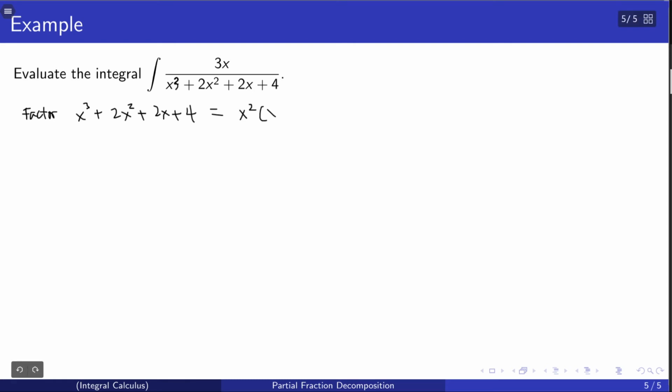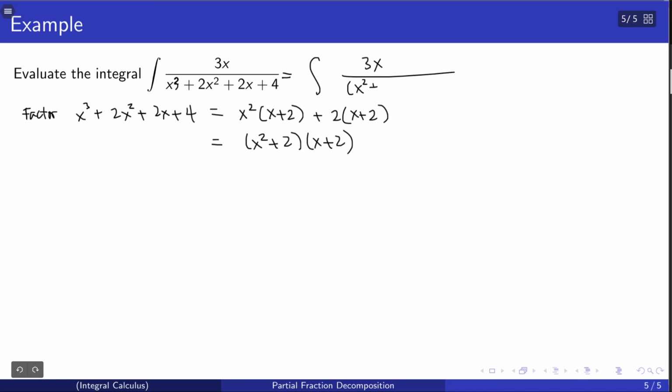We factor x squared from the first two terms, and we factor 2 from the last two terms. And then we factor x plus 2 from both terms to get x squared plus 2 times x plus 2. So my integral is just 3x divided by x squared plus 2 times x plus 2 dx.